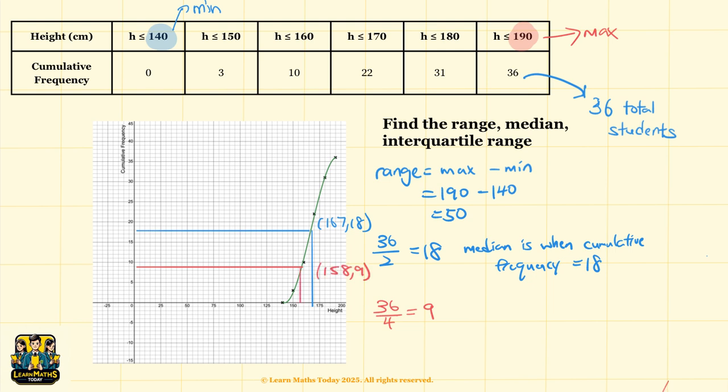It hits the curve at about 158. Similarly, for the upper quartile, it will be when the y-axis is at 3/4 of 36, which gives us 27. We draw a horizontal line from where y equals 27, and this happens when the height is about 175.